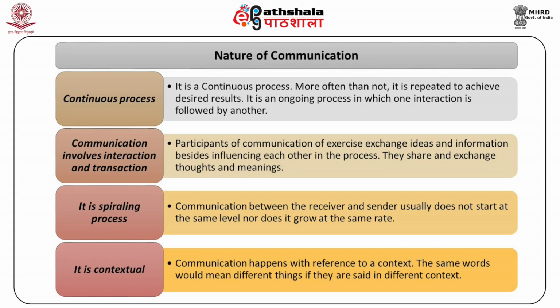Moreover, noise and time have an impact on it. As a result, communication takes a spiral stage before it gets completed and reaches the receiver at the same level and space.